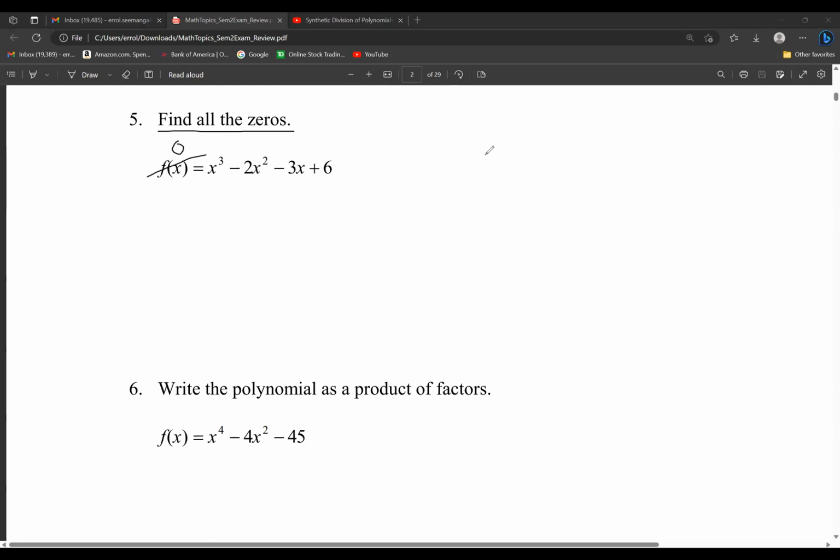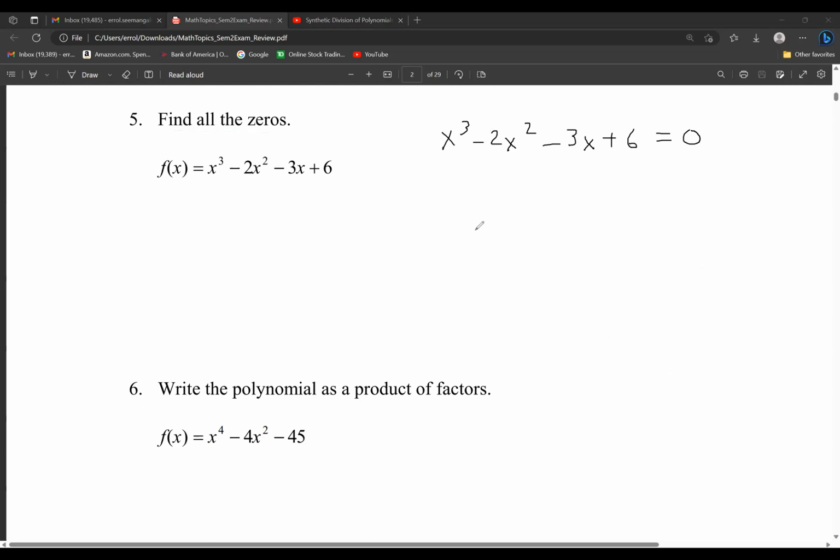Do we find a common factor, common denominator? I'm not sure. Let's see here. Okay, so when it says find all the zeros, just let that equal 0, and then we'll solve it for x.